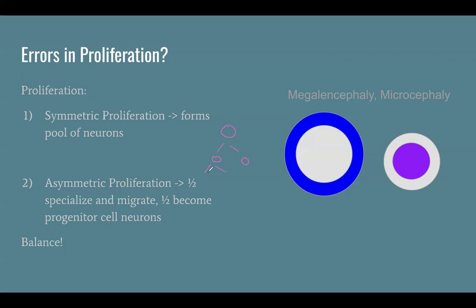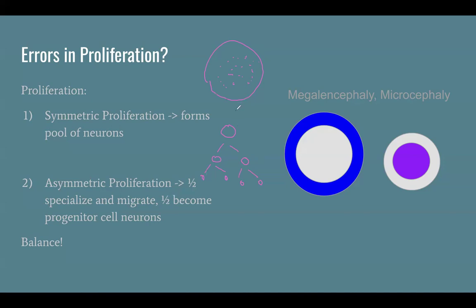In the same way, these will produce two symmetric daughter cells, a lot like mitosis actually. What this does is it strives to create a group of cells that can be used to become specialized, become differentiated, and then travel.